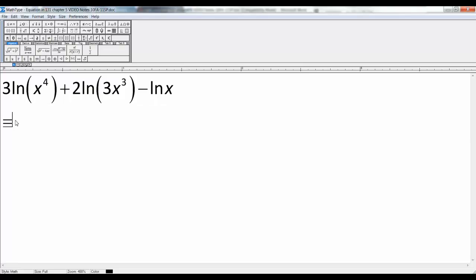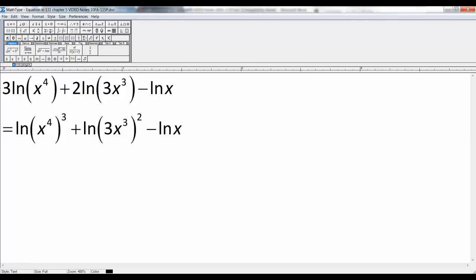I know that that's going to throw you, but it's good for you because it makes the problem a little bit different. Okay, so now the first thing we're going to do is use the power property to move the 3 and the 2 up. So make it ln of x to the 4th to the 3rd plus ln of 3x to the 3rd to the 2, like that. And I added in this minus ln of x business at the back.